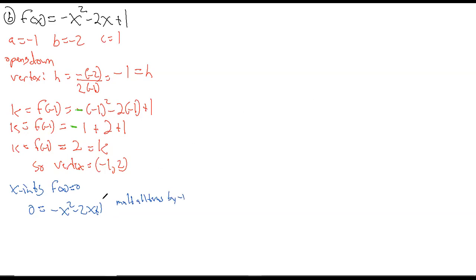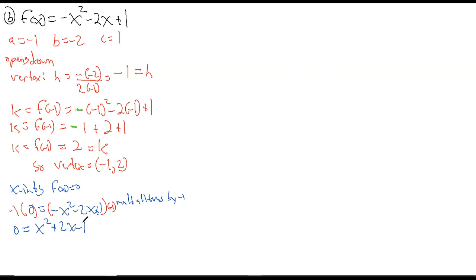I'm going to multiply the left and the right side by -1 so that I make everything positive in a leading term. I only care about the leading term being positive. So 0 equals +x squared plus 2x minus 1. This is a much friendlier version to factor or do the quadratic formula with. Trust me. They both suck if you leave that a negative.